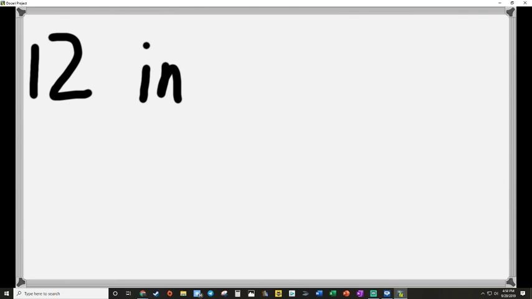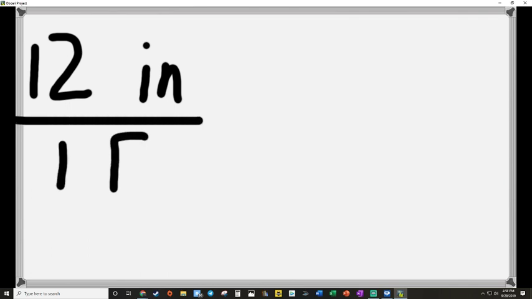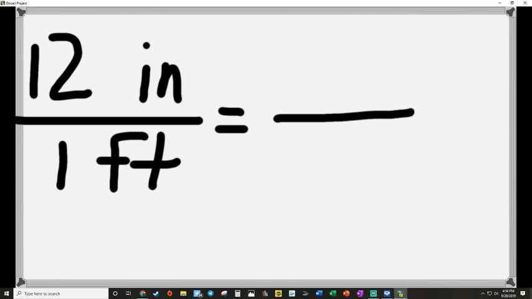For example, whenever you deal with measurements, 12 inches equals 1 foot. And you're curious, if 12 inches equals 1 foot, how many inches are in 5 feet?